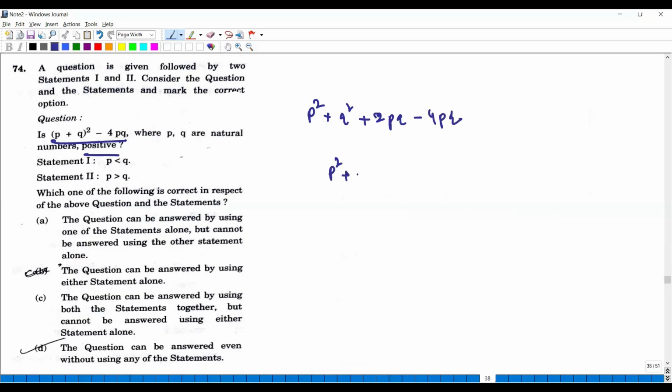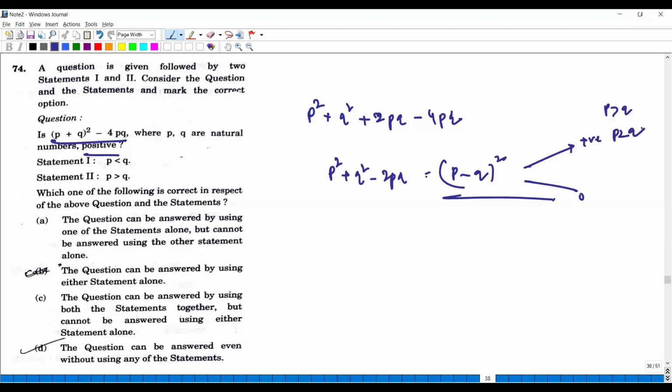So I can say P square plus Q square minus 2PQ, which is nothing but (P minus Q) whole square. He's asking, is it positive? It can be positive, it can be 0. It is positive when P is greater than Q or P is less than Q. Either way it is positive. It is 0 only if P is equal to Q.